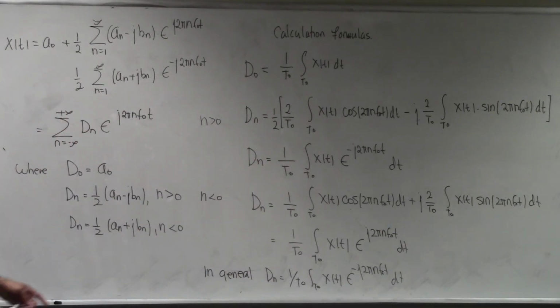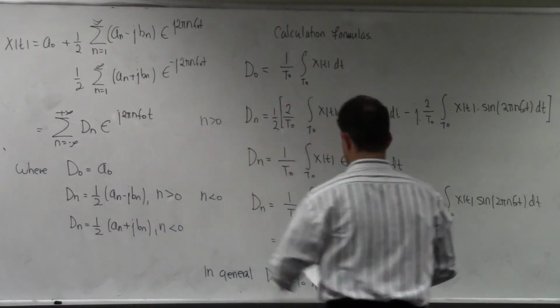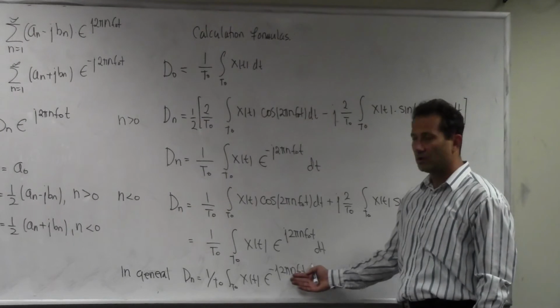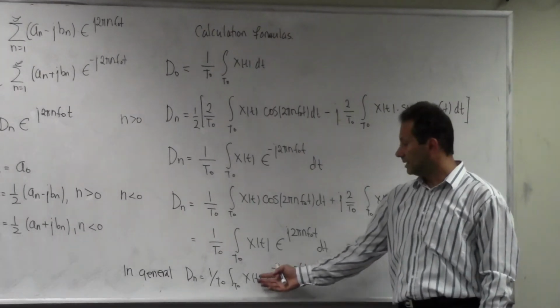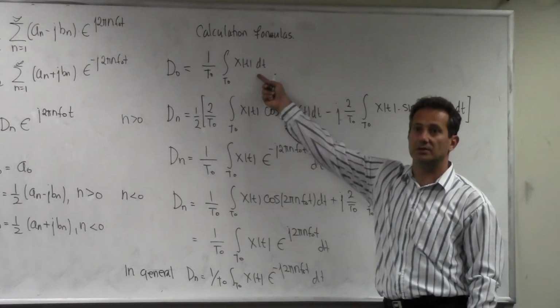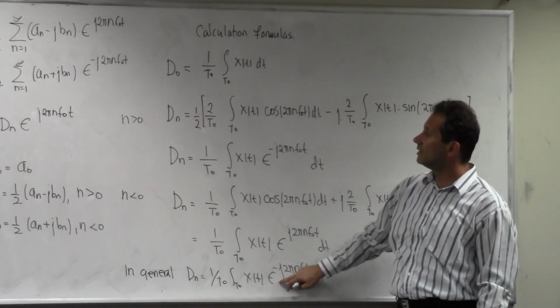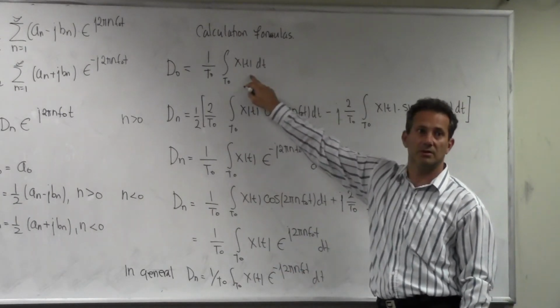And that's the calculation formula for dn. If you look at it now, this one and this one are essentially the same formula. If I substitute n equal to 0, then I get that d0 is exactly equal to this. For n equals 0, this formula for dn morphs into this one. You can see that, right?